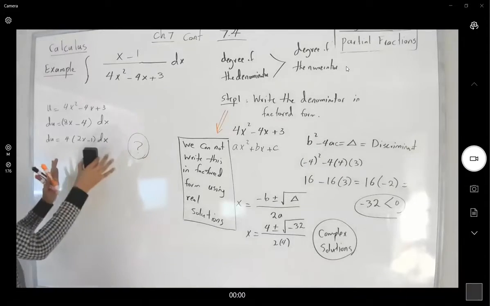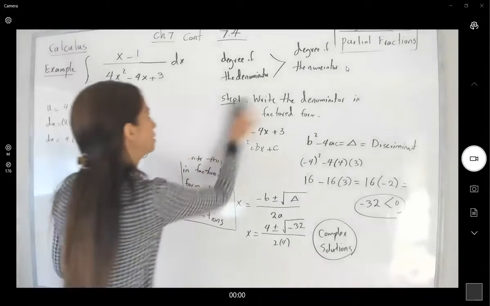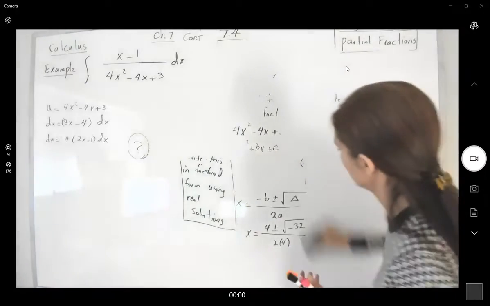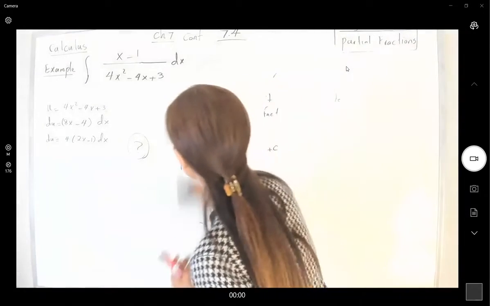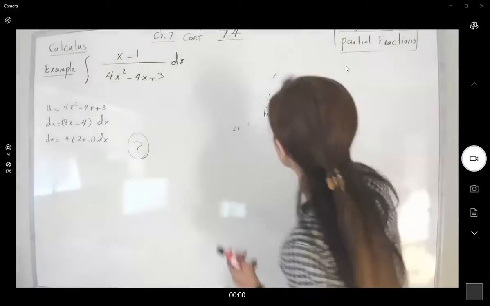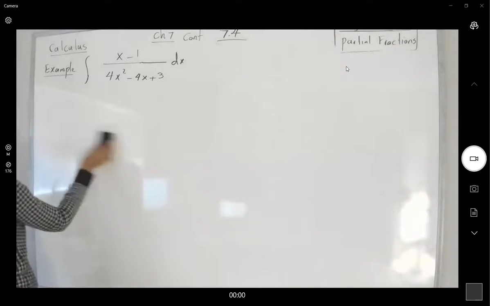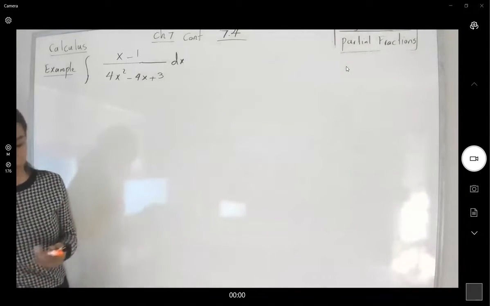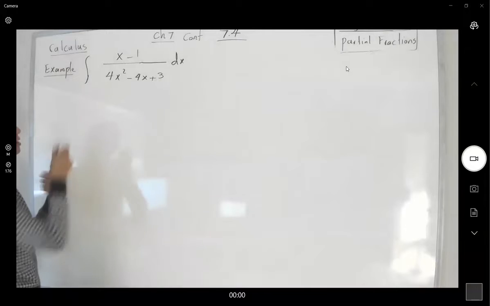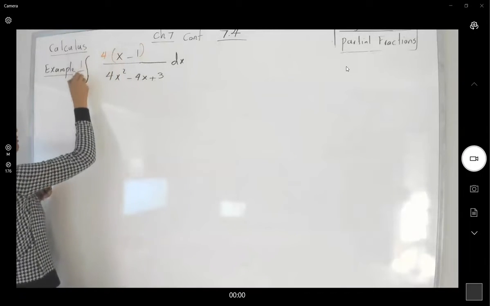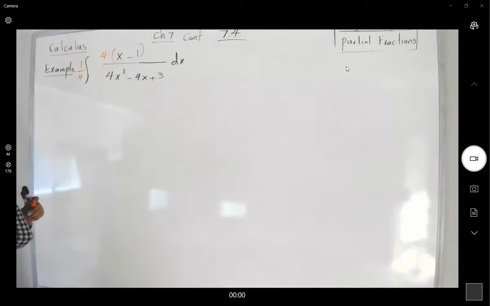Well, since we have 2x minus 1 times 4, you might say I can multiply the numerator by 4 and divide by 4.